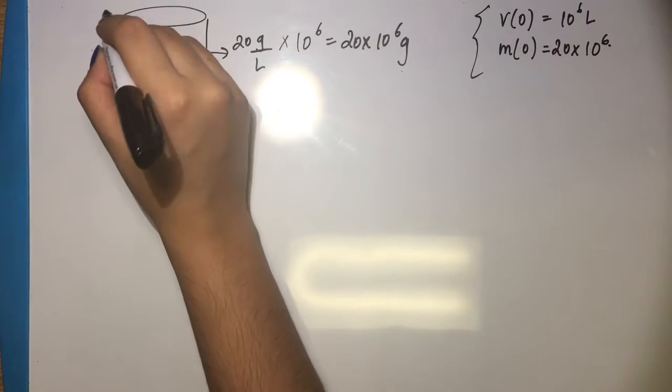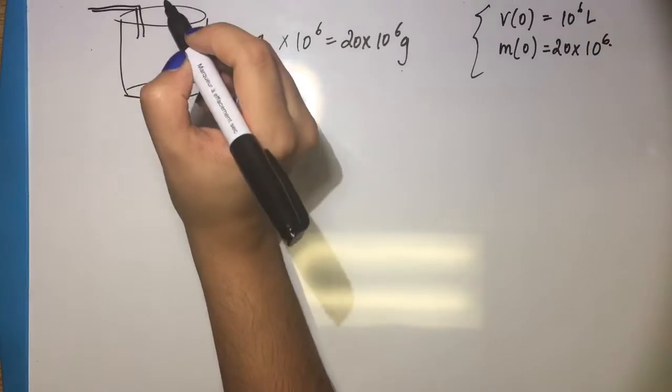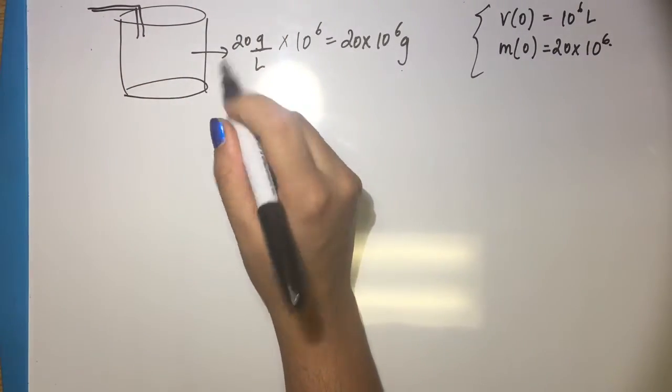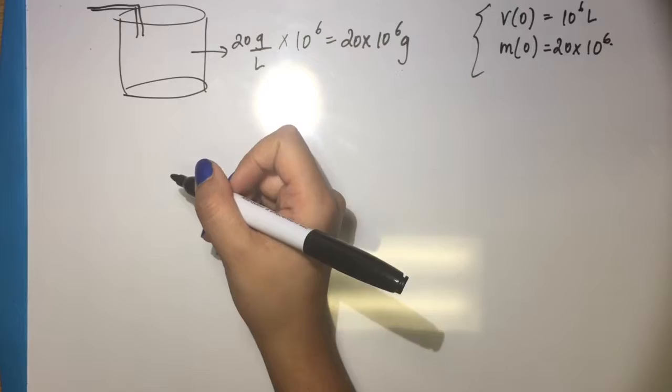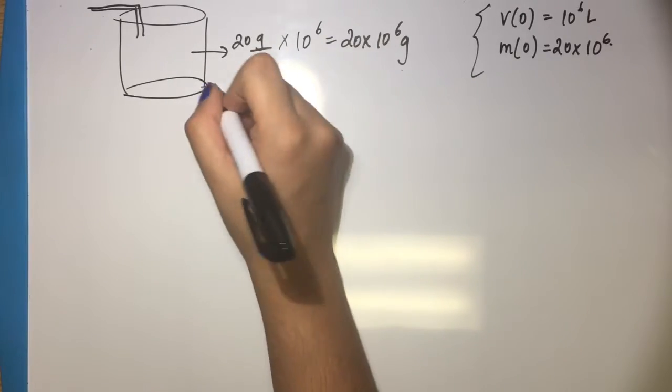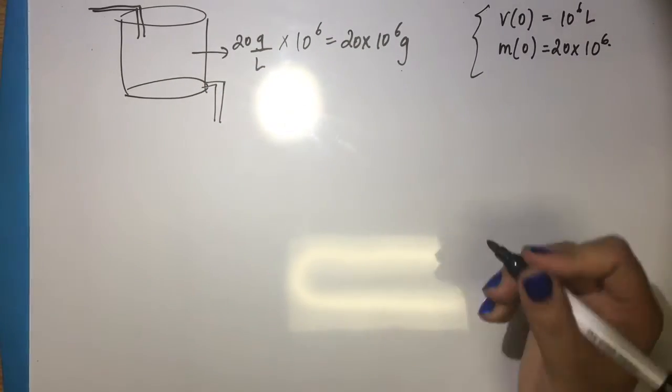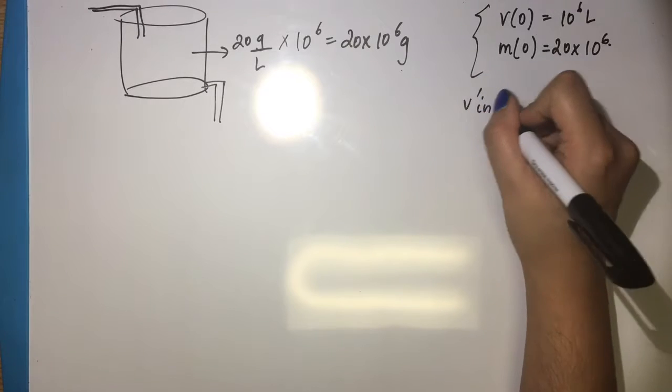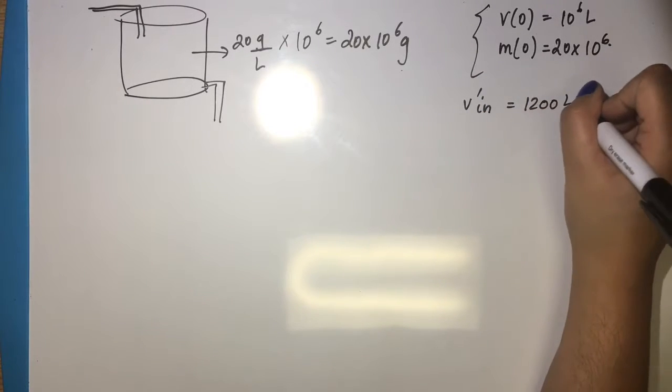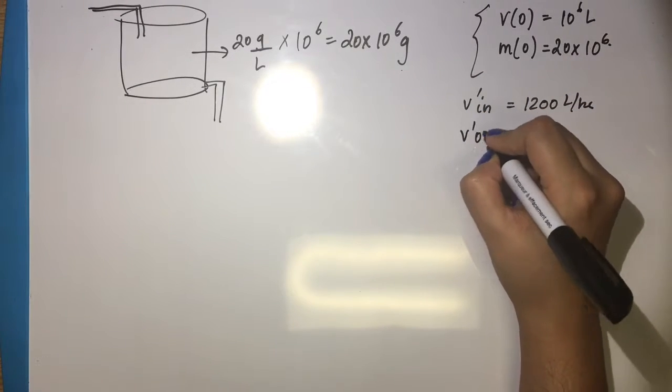Now, we are also given that the volume of pure water entering the tank, entering the pond, and the volume of water that is exiting the tank, or the rates at which this is happening, are equal to 1,200 liters per hour in both cases.